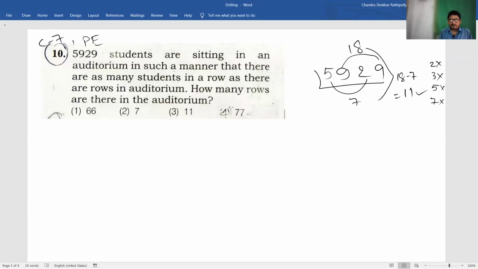So now we can divide with 11. 11 5s are 55, 11 3s are 33, 11 5s are 55, 11 3s are 33, 11 9s are 99. Next, 11 4s are, again 11 table.